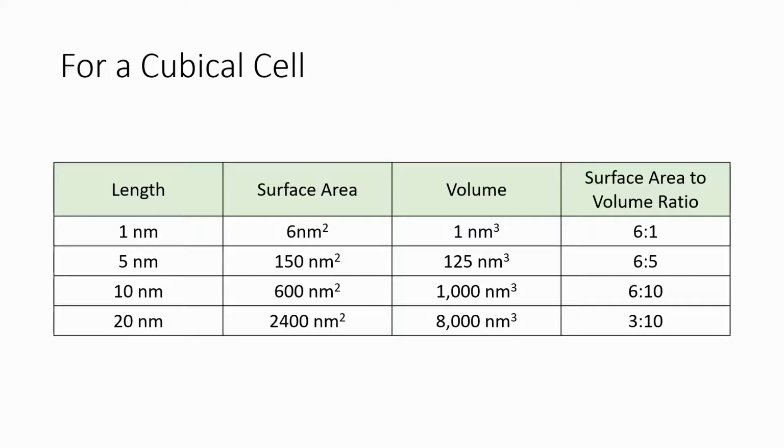It goes down to 3 to 10. So notice our volume is increasing at a much faster rate than our surface area. This means if you kept making a cell bigger and bigger and bigger, eventually it will reach a point where the cell membrane cannot transport enough stuff into it to keep all of the cell alive.